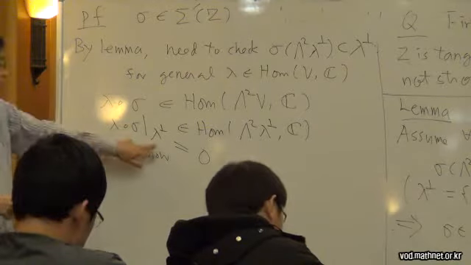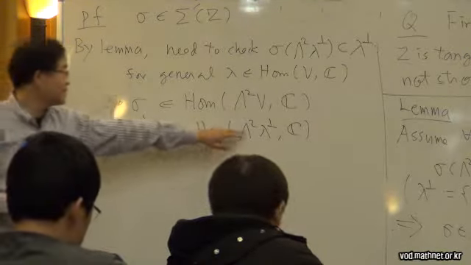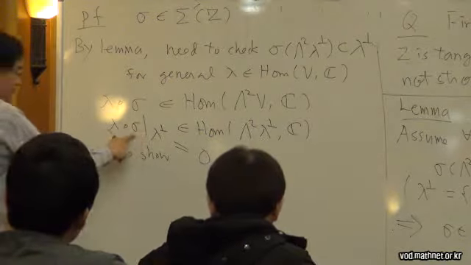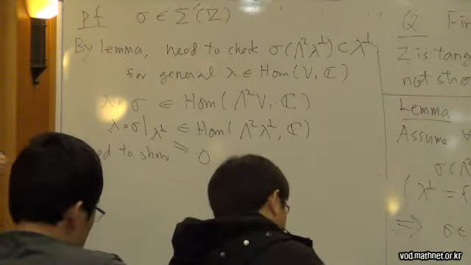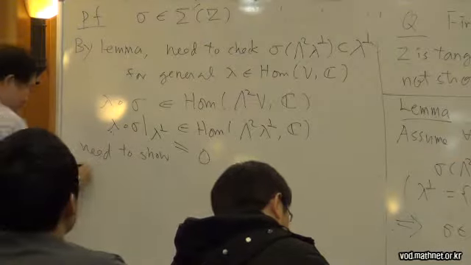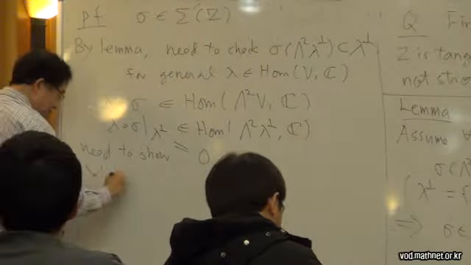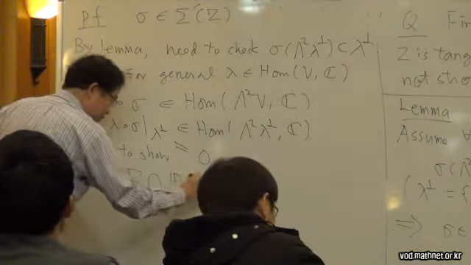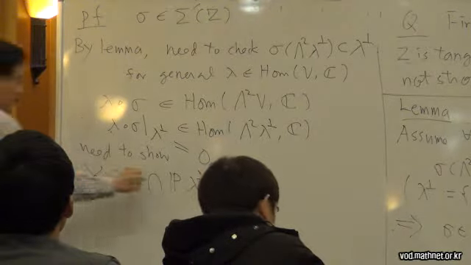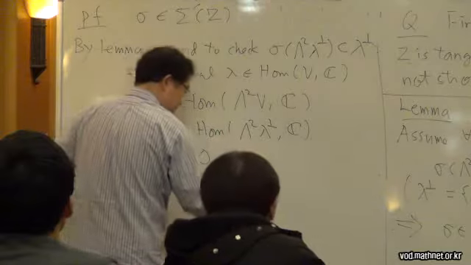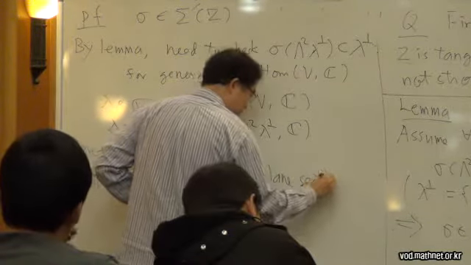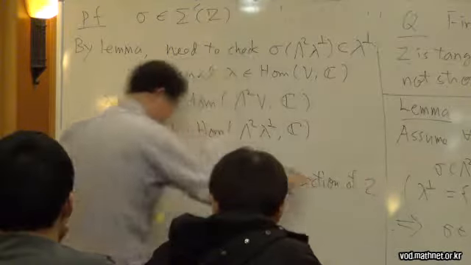When you restrict it to here, you send it to here, meaning that this is 0. Now consider y is z intersect p lambda, the hyperplane section of z.